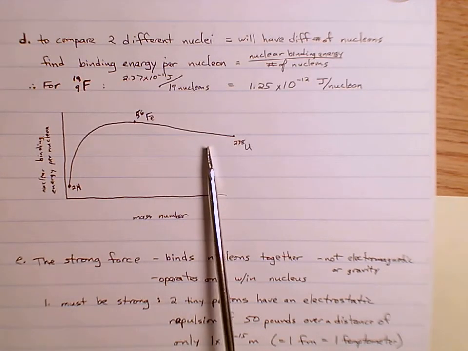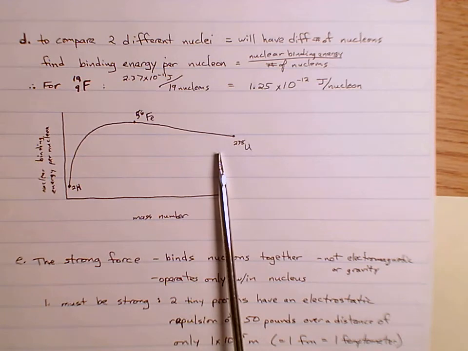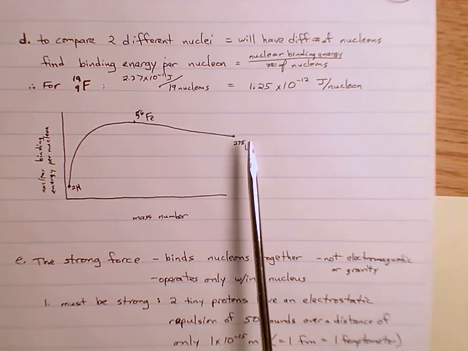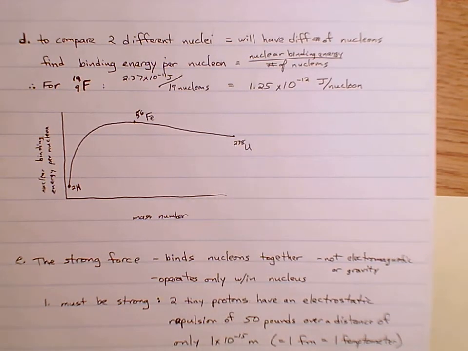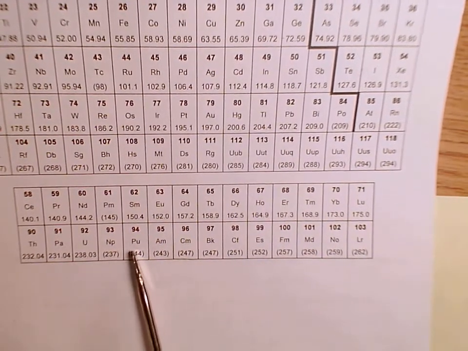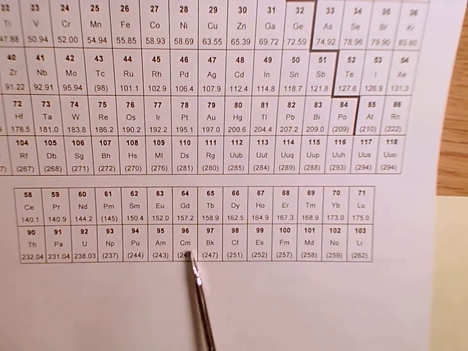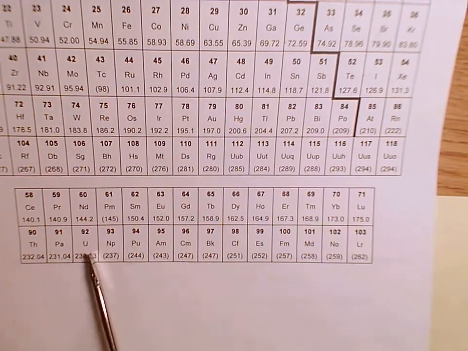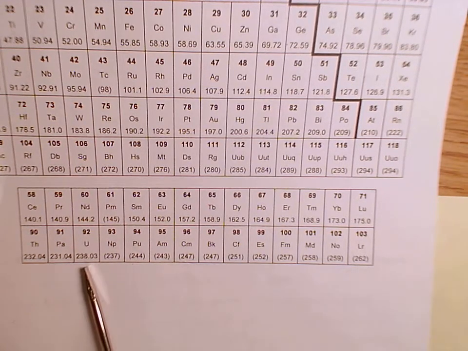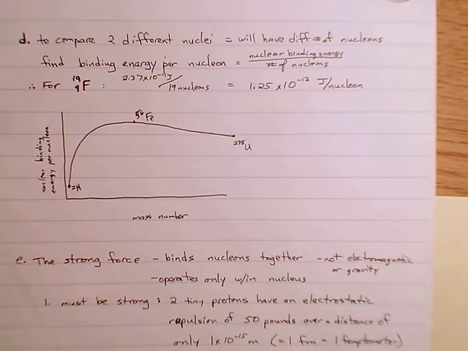And then as we go up to uranium-238 here, that will be the least stable of our naturally occurring nuclei, the things that we do find in the environment naturally. Recall, all of these, neptunium, plutonium, americium, berkelium, we had to make. So uranium is the heaviest naturally occurring nucleus.